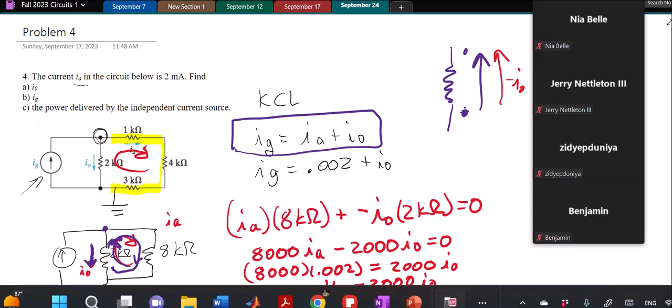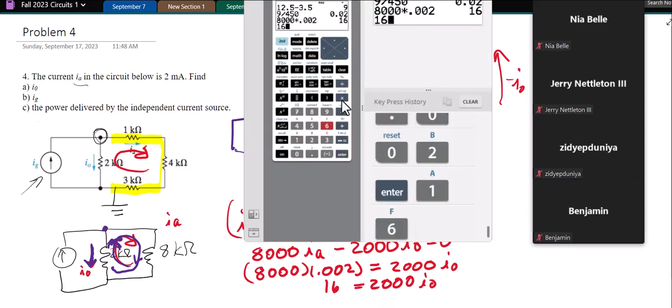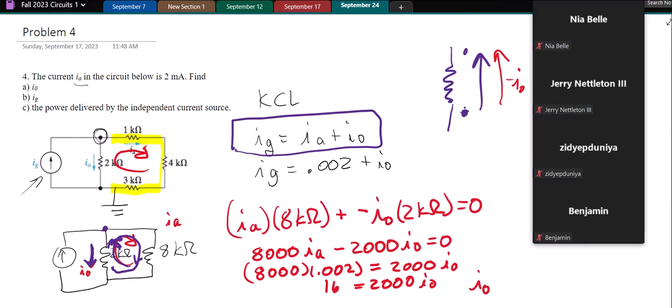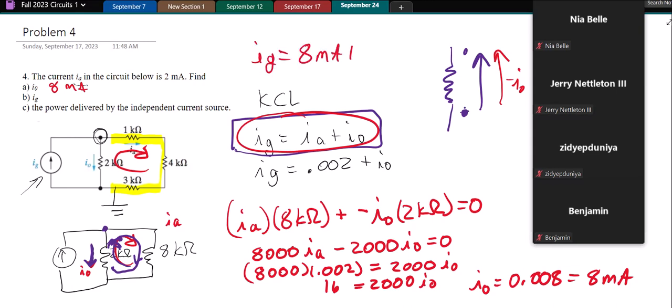So 16 divided by 2000 is 0.008. So I0 is 0.008, which is 8 milliamps. So we found I0, that's 8 milliamps. Now it's easy to find IG because I have my other equation right here. IG equals 8 milliamps plus 2 milliamps, or IG is 10 milliamps.